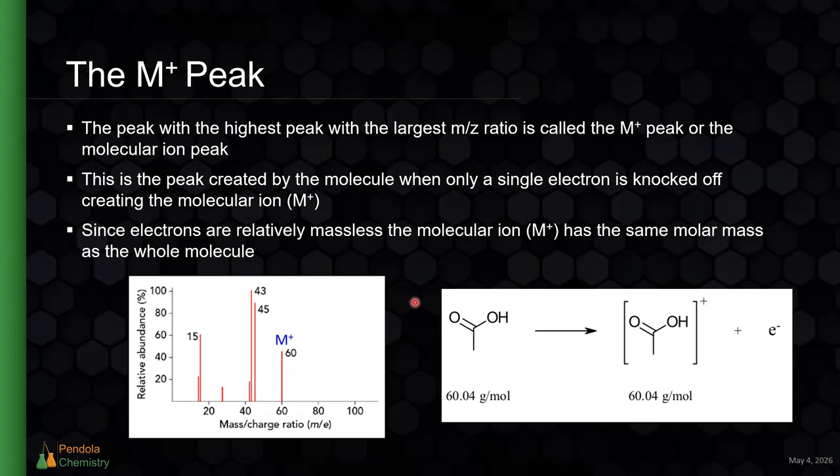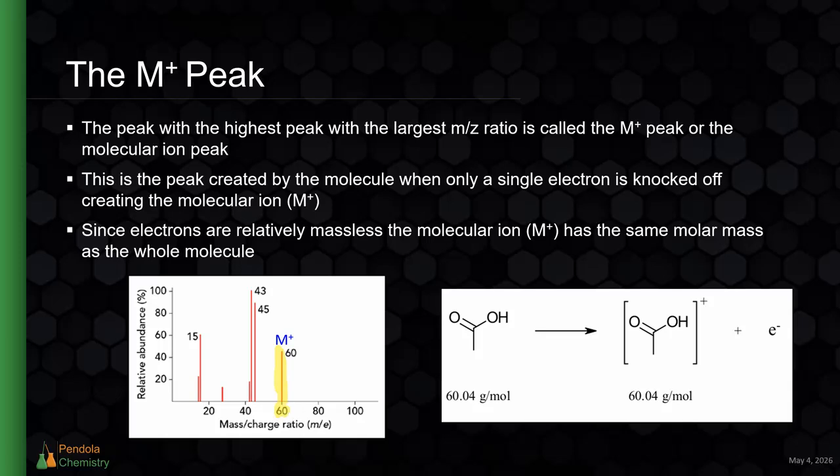That peak represents the molecule when only a single electron is knocked off and it has a plus 1 charge. So here, for this mass spectra, our M plus peak is right here. Let me highlight that. This peak is at 60. It is the biggest peak and furthest to the right we can see, and it's at 60.